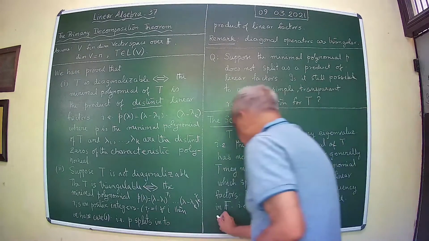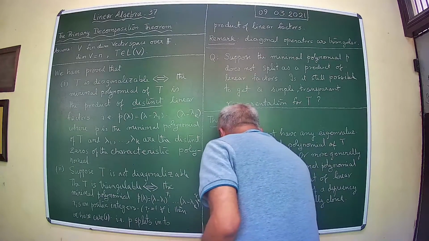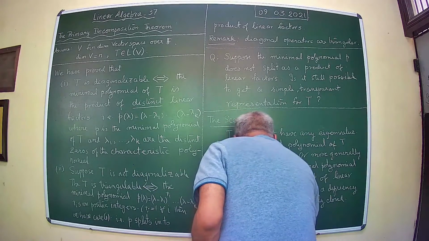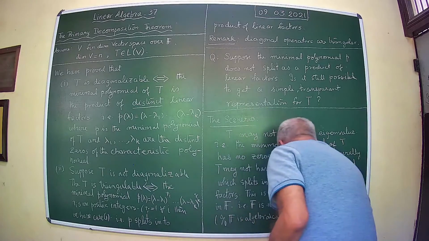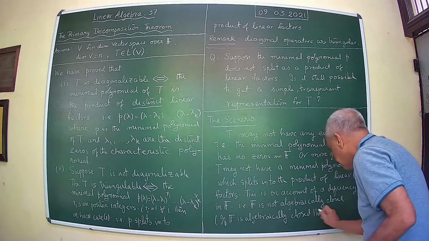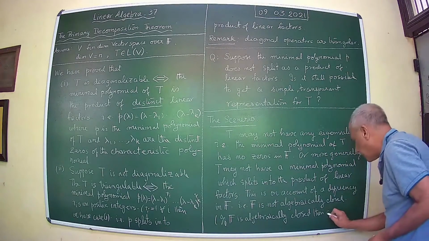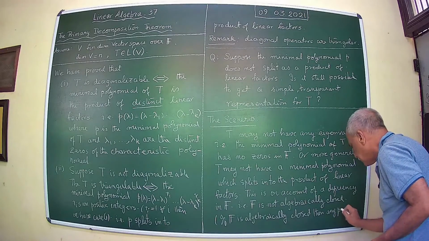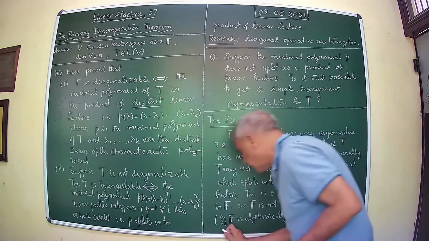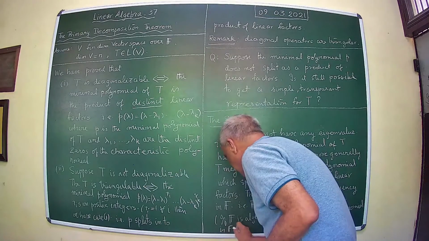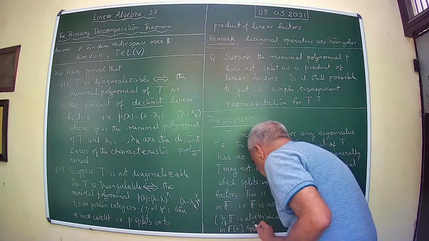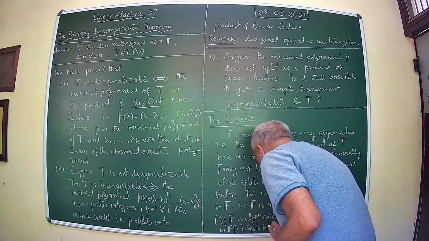You know that this is because if F is algebraically closed, then any polynomial splits into a product of linear factors.